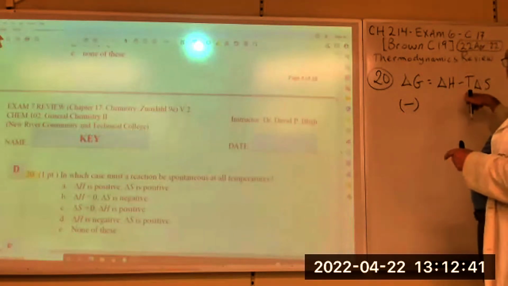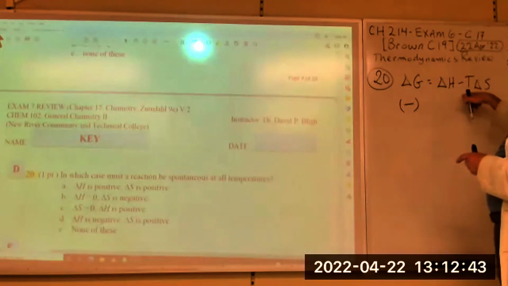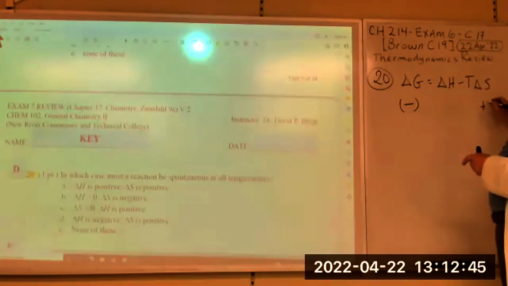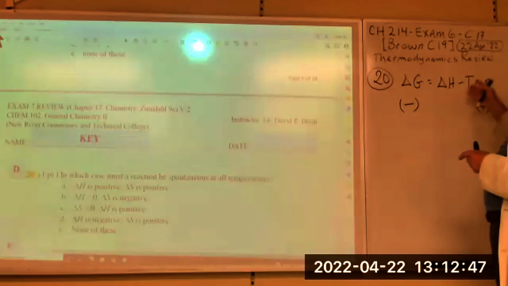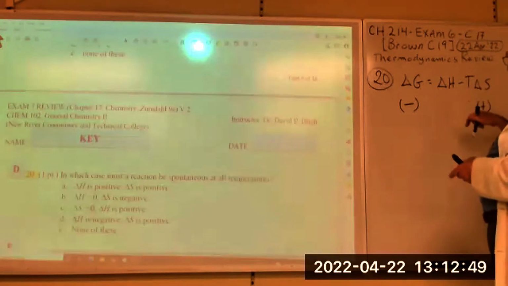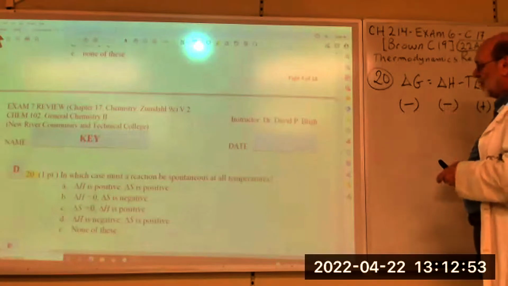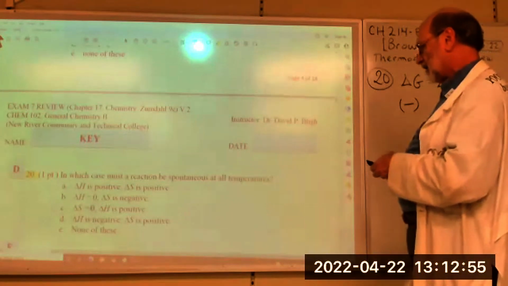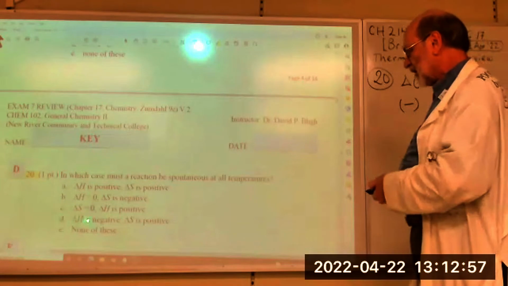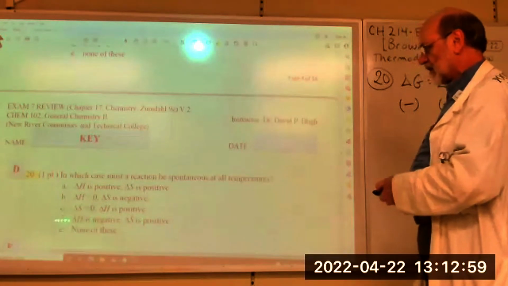So for this one to be negative, delta S has to be positive at any temperature. And delta H has to be negative. So delta H is negative and delta S is positive. There it is right there.